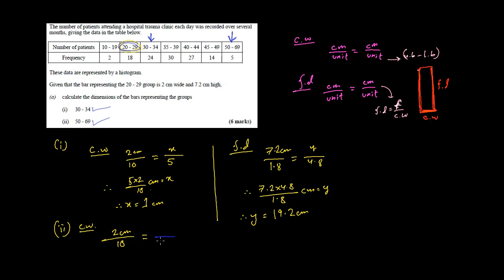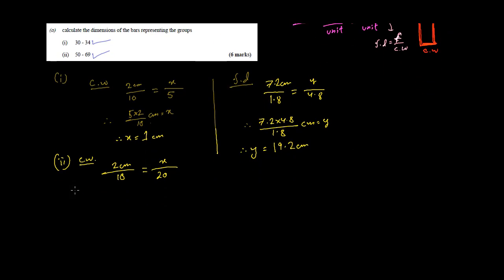So let me put here 20. And this is something that we have to find. Let me call this x again. So it would be 2 into 20 divided by 10 centimeter equals x. Therefore the class width of the new one is going to be 4 centimeter.